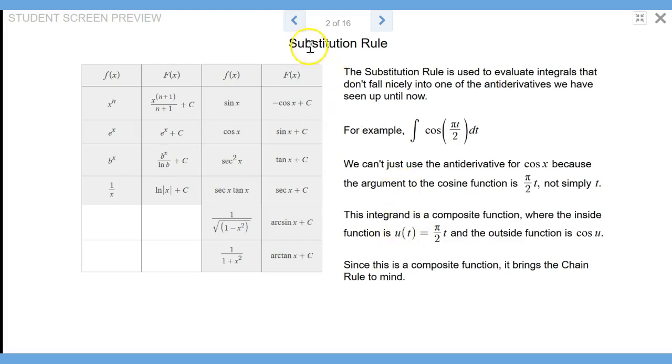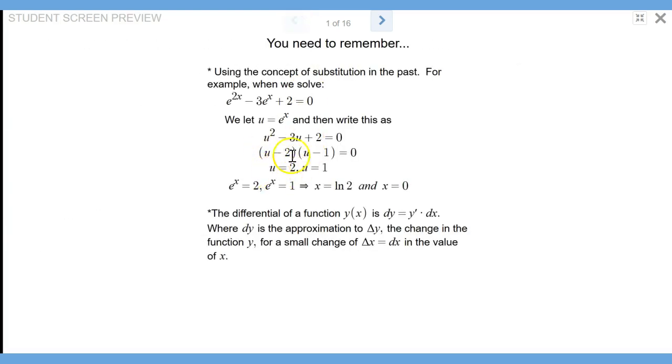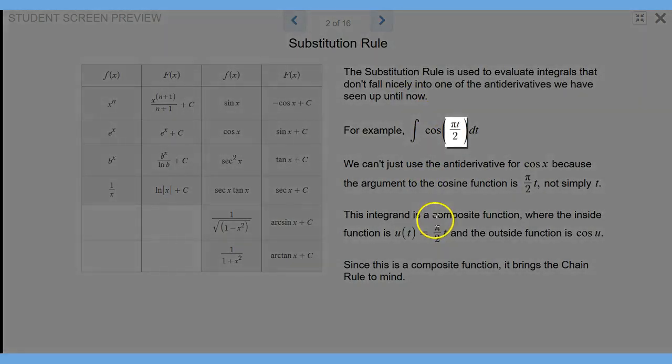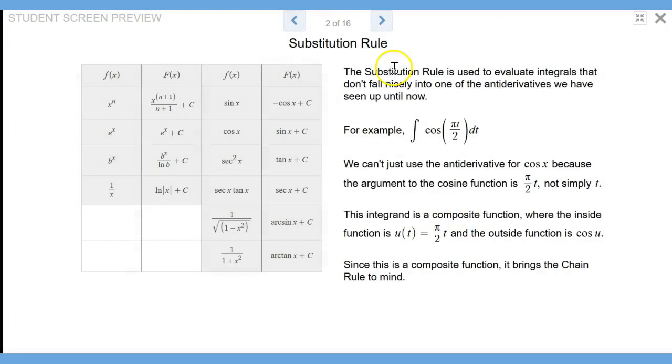Let's make like we did with our algebraic example where we found a piece of the equation and we simplified it by setting u equal to that. Let's do the same thing here. With our composite function, let's set u equal to this inside function, pi over 2t.